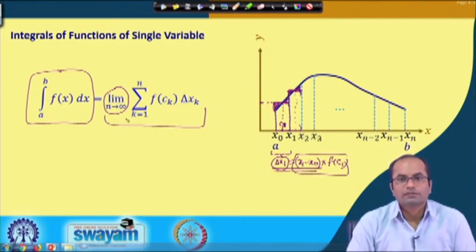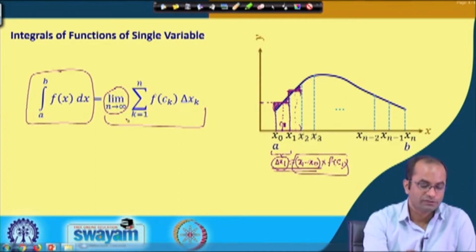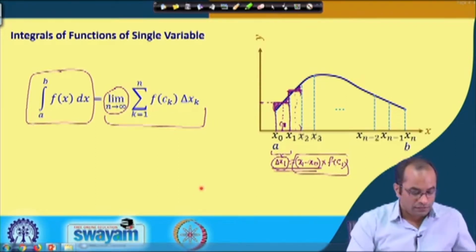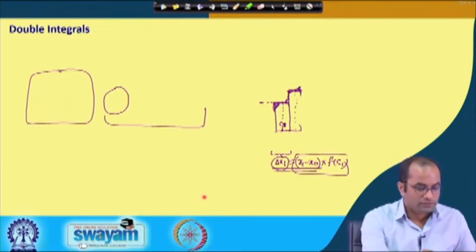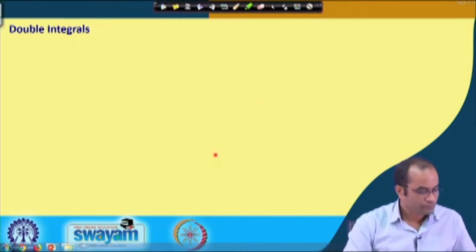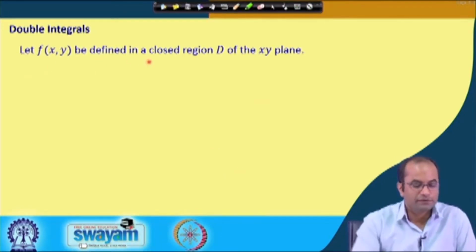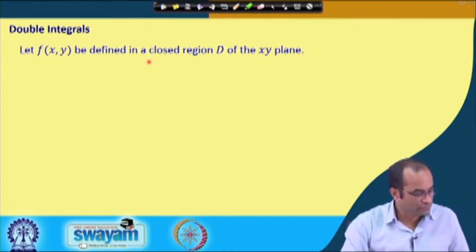So, a similar concept we have for the integral of two variables, or the double integrals. So, let us just go through it. In this case, let f x y be defined in a closed region D of the x y plane.